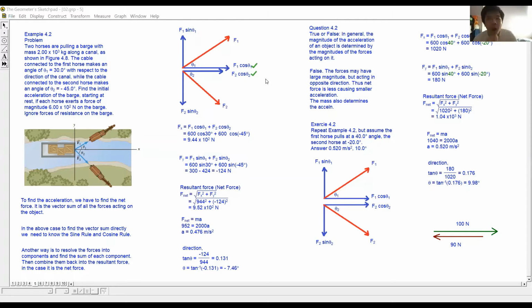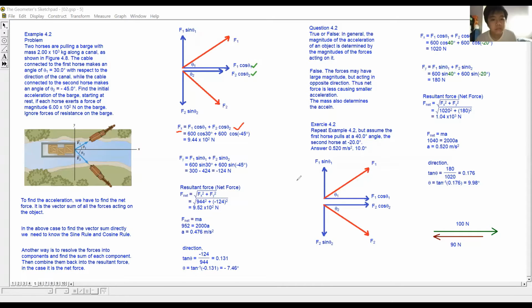I add these two together, and they are actually the horizontal component of the net force. The horizontal component of the net force, I call it Fx. So the horizontal component of the resultant force is the sum of these two.